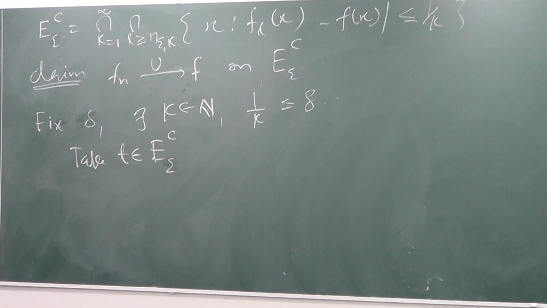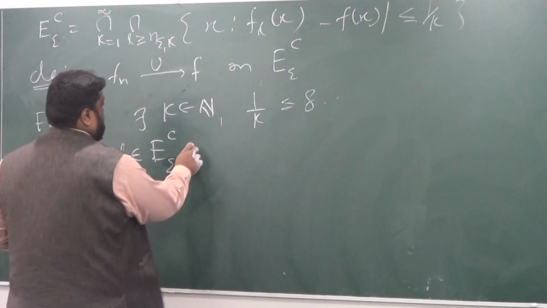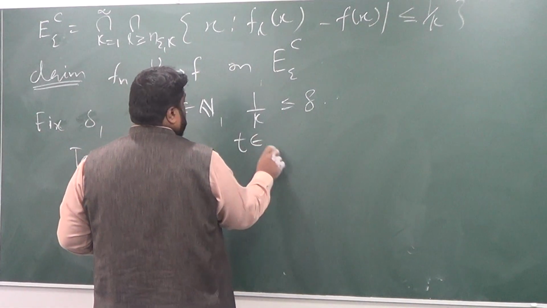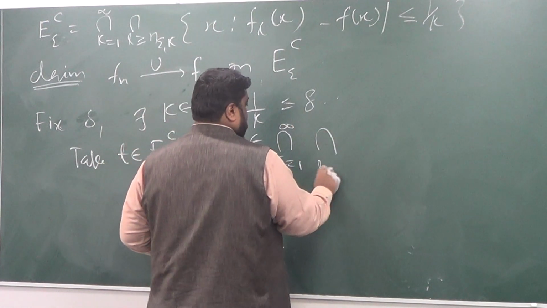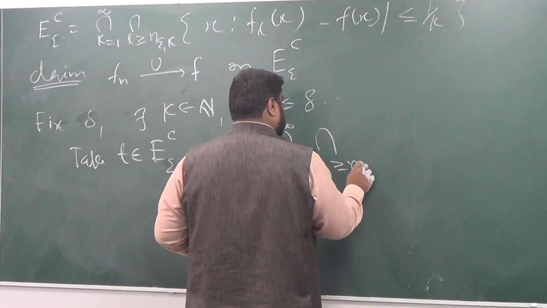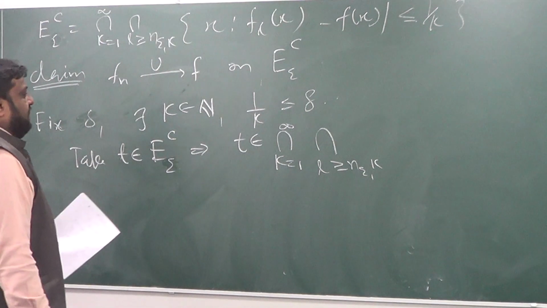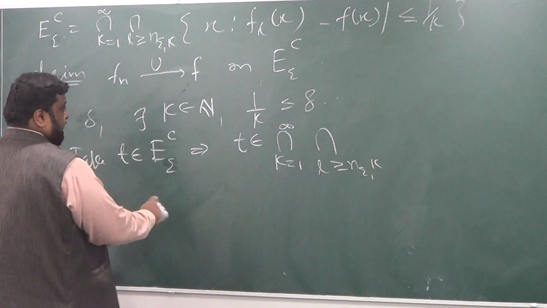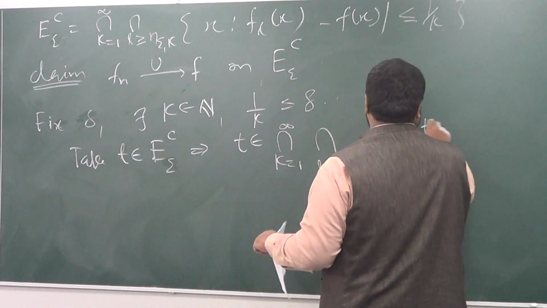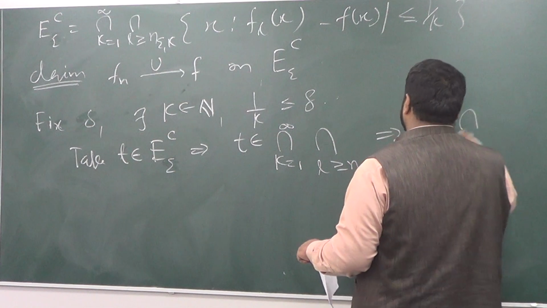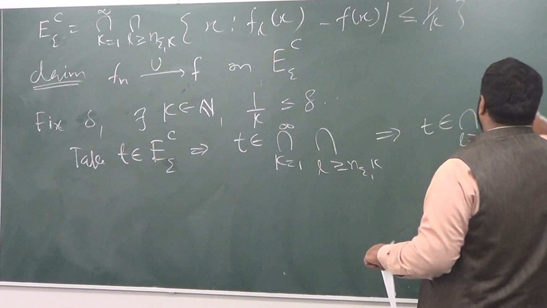So this implies that t belongs to the intersection over k equal to 1 to infinity and the intersection over L bigger than or equal to n epsilon k. This means that t belongs to it for all k.